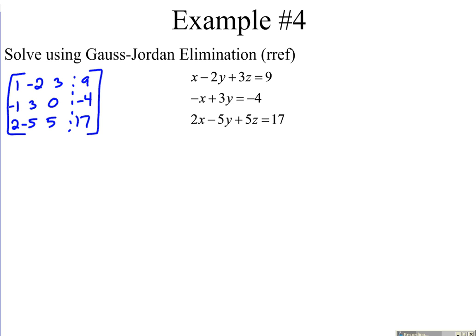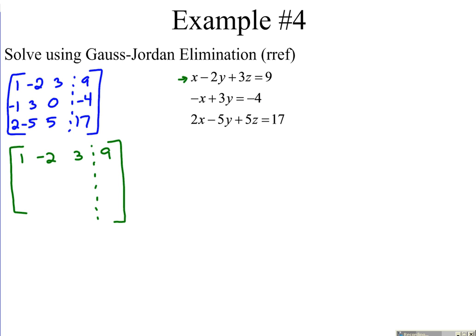First step, get a 1 in row 1, column 1. That has already been done. So I go to step 2. I need to get zeros in the rest of this column, which is essentially taking this first equation and using it to eliminate x's in everything below. So I'm going to leave the first row alone: 1, -2, 3, and 9.